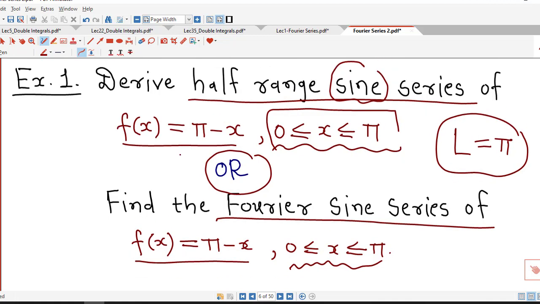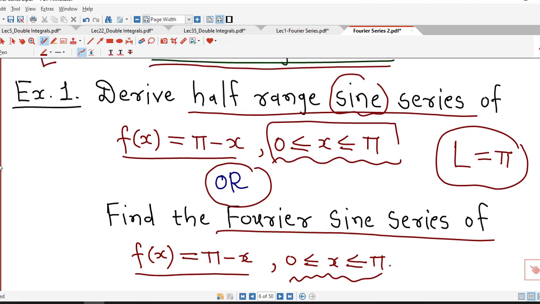So here we will find out first Fourier coefficients Bn, because we are interested in the Fourier sine series. So Fourier sine series is given by sigma Bn sin nx, n equal to 1 to infinity, because this is periodic function of period 2 pi.